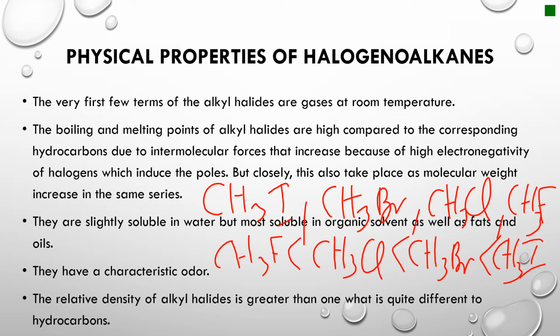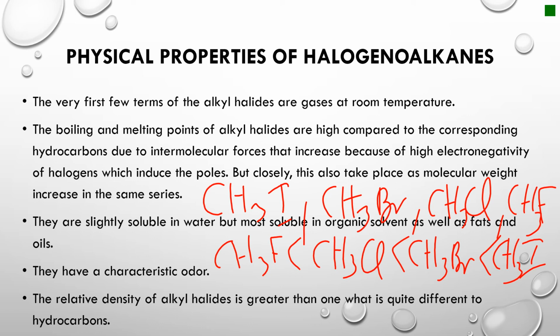So, the boiling point of fluoromethane is lower than that of chloromethane, lower than that of bromomethane, lower than that of iodomethane. How can you explain this? These alkyl halides all have dipole-dipole interactions and random dispersion forces.